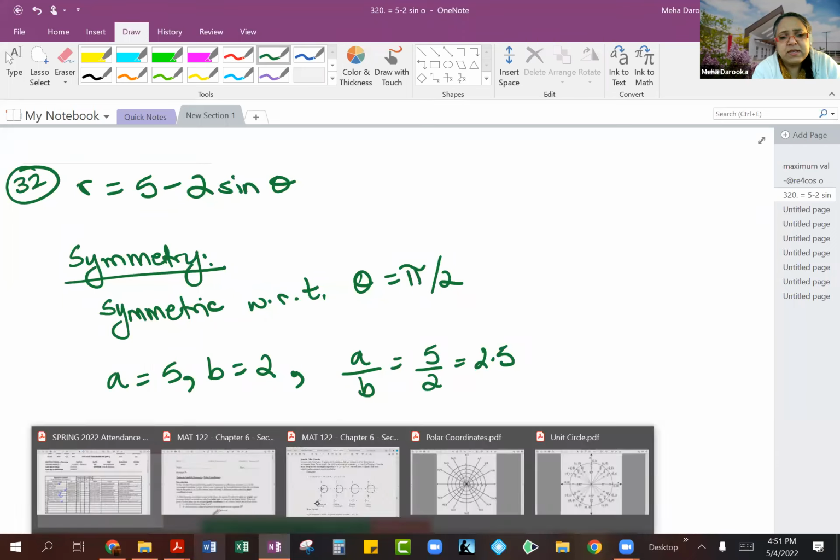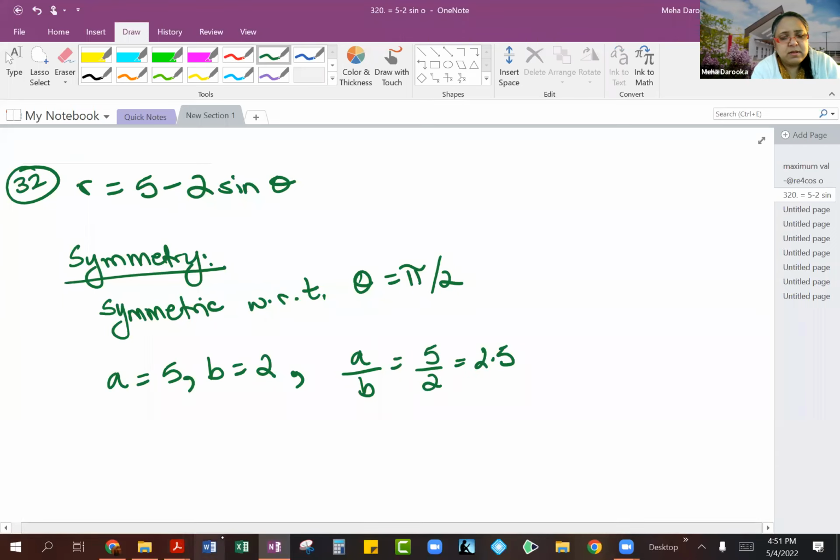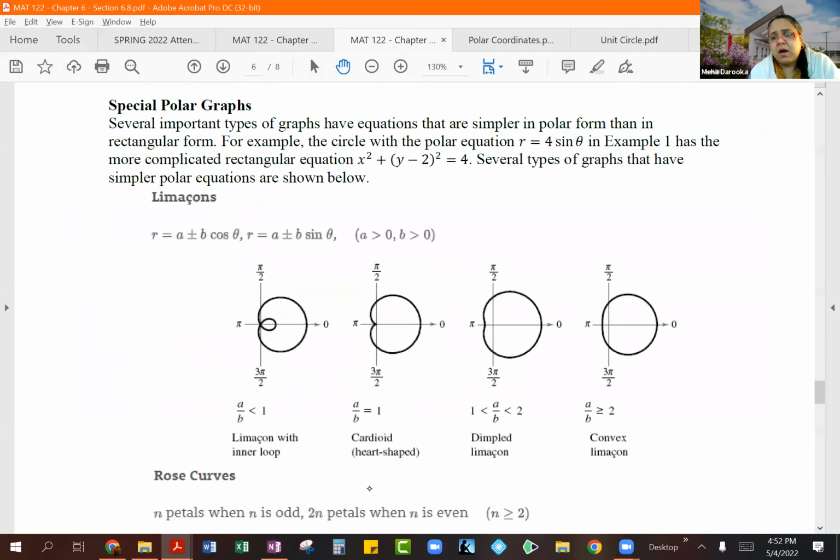And as you can see from our little chart over here, this is A divided by B greater than a value of 2. So you are going to have this convex limacon. You have the dimpled one if you are between 1 and 2, where you see this little dimple happening here.